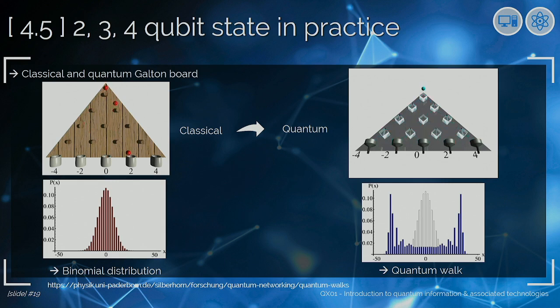Now, the quantum version is that instead of having each of these pins where the ball will fall from one side or the other, you replace these pins with beam splitters.